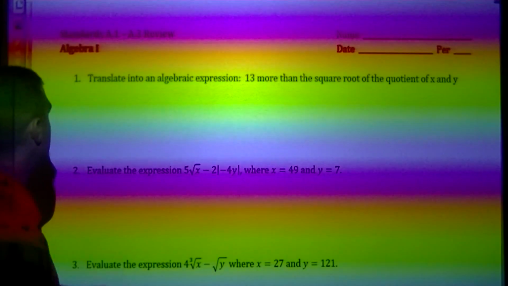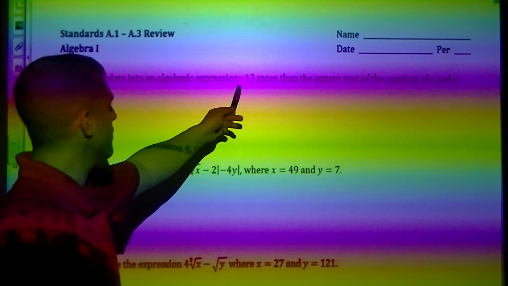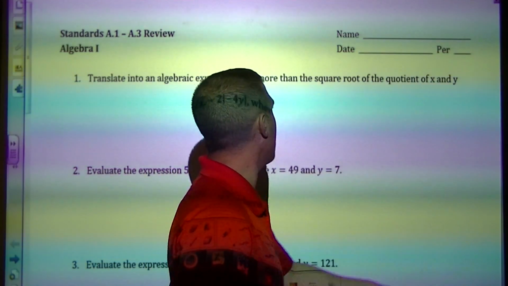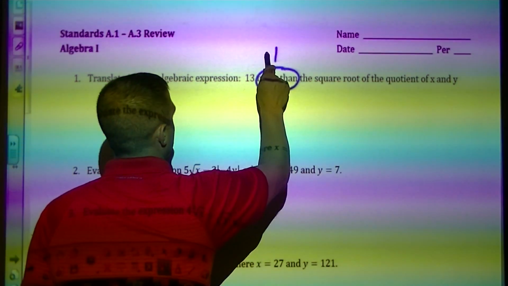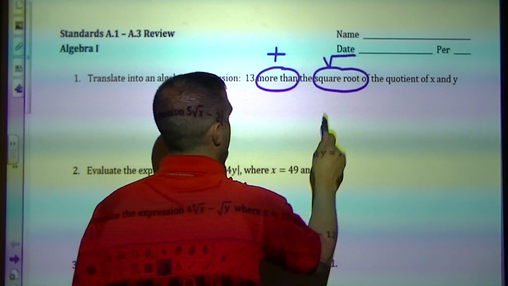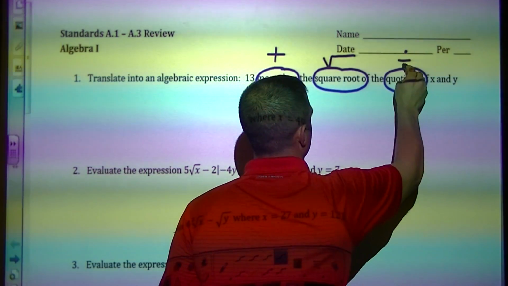The first question says translate into an algebraic expression 13 more than the square root of the quotient of x and y. There's a couple things you need to know. More than means addition. Square root means this. Quotient means division.